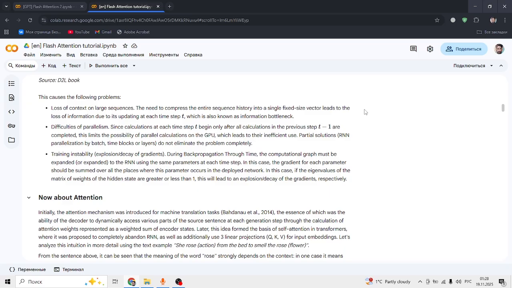Another problem is that it is hard to parallelize because of its sequential nature. There are some partial solutions like parallelization by batch, time blocks, or layers, but these don't solve the problem completely. And the last thing is that the training process is unstable because it leads to exploding or decaying gradients.